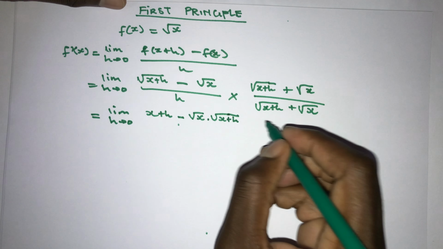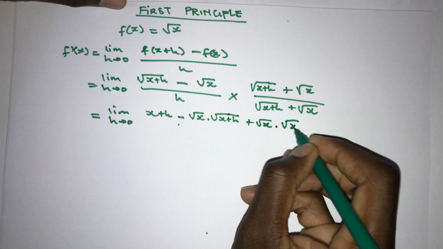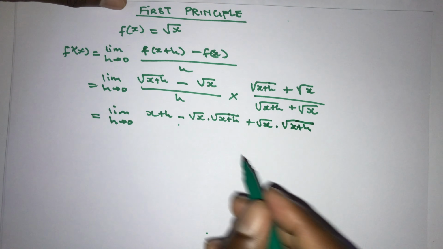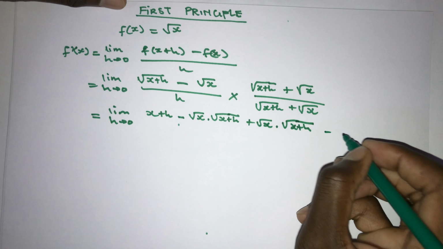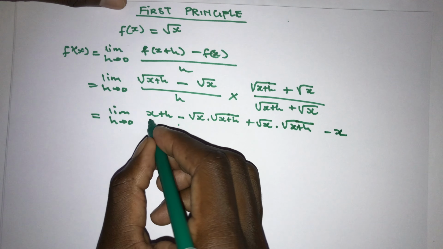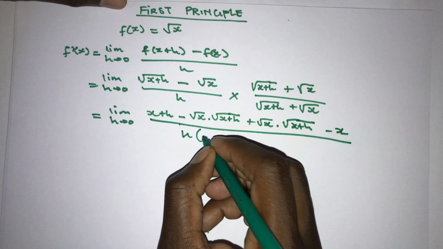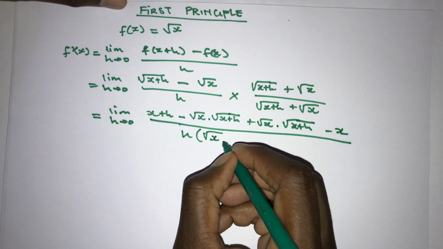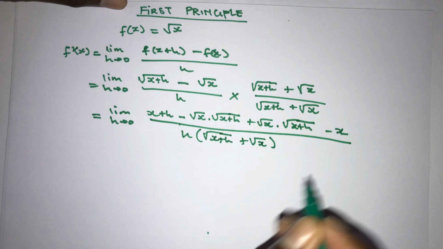Then this times this is plus the square root of x times the square root of x plus h. And then this times this, we're going to have negative x over h, the square root of x plus h plus the square root of x.